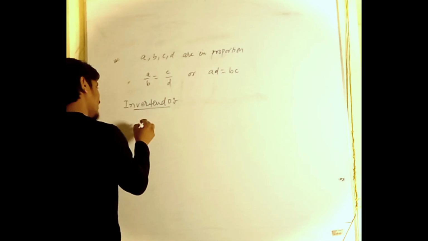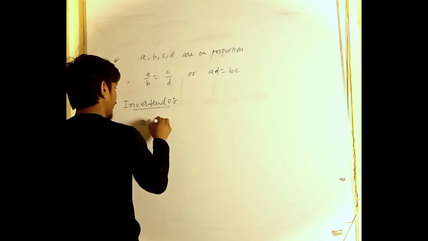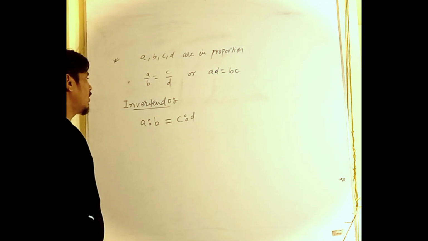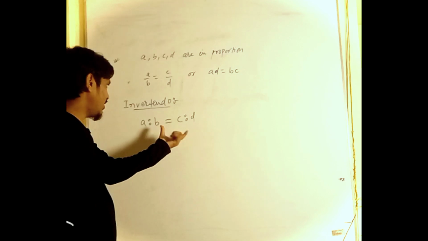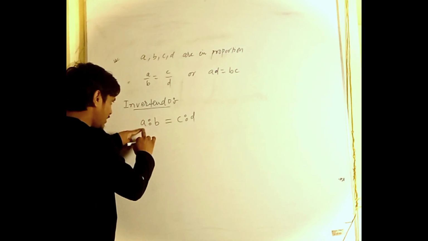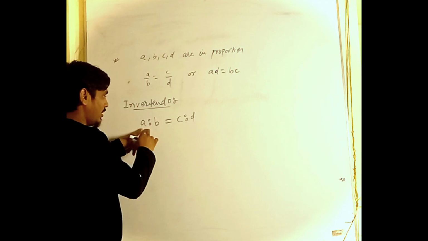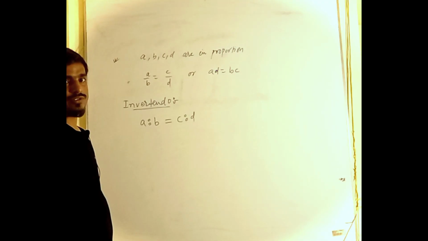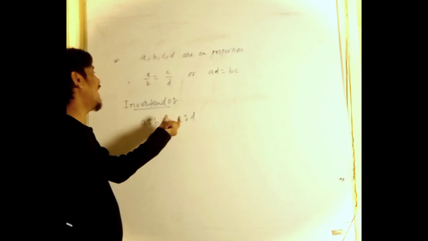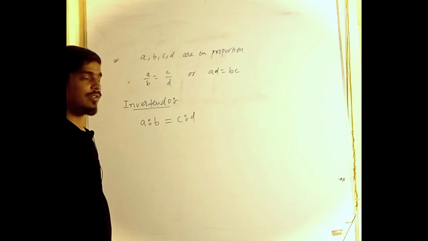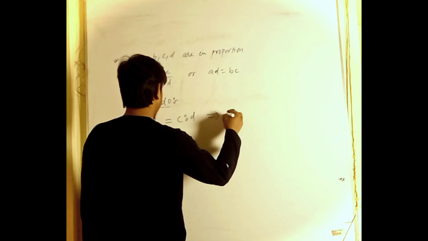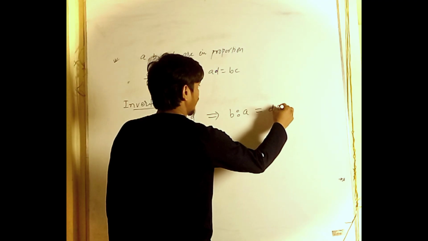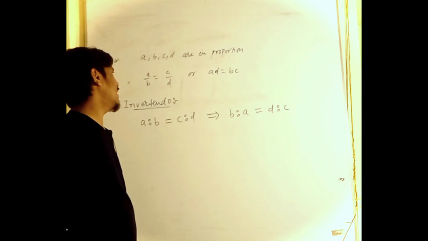Let's say we have given a ratio A ratio B, which is equal to C ratio D. If we interchange the antecedent and consequent on the left side as well as the right side, then the equality will remain the same. So we find that B ratio A will also be equal to D ratio C. This property we call invertendo.